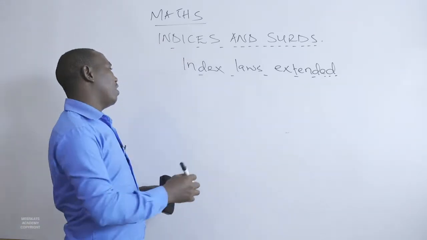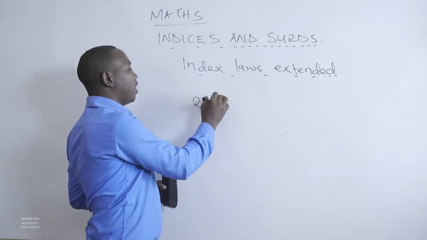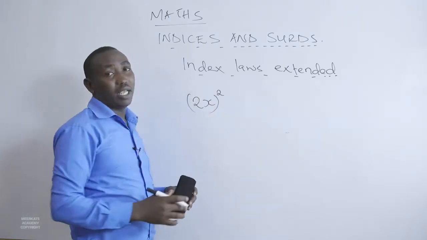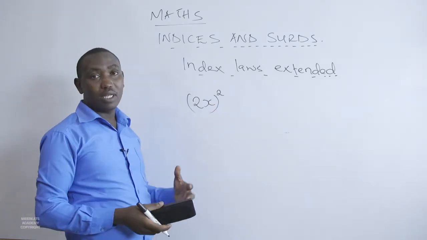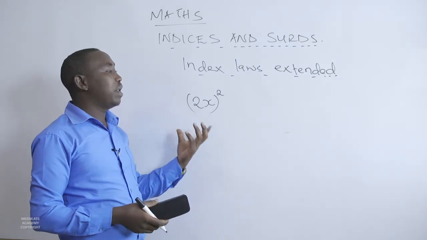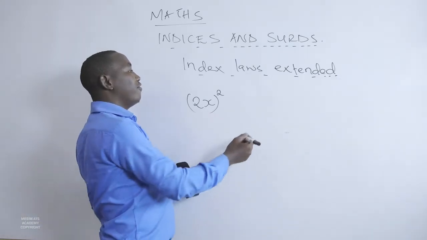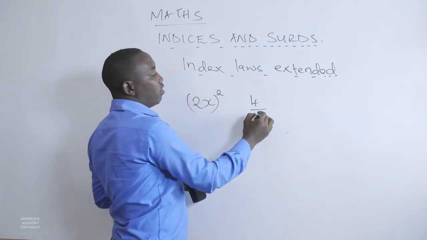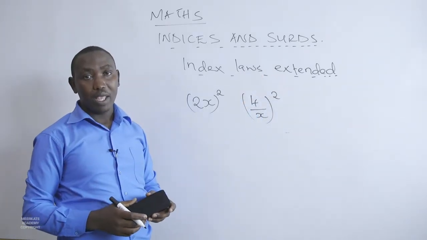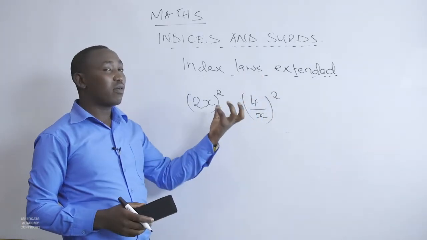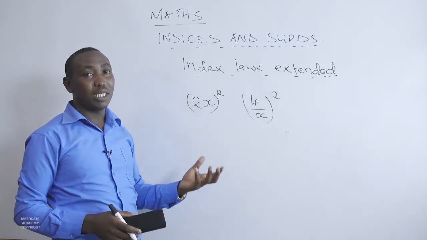For example, if you are given 2x, the whole of it raised to 2, this is not as simple a scenario as those we have been looking at. Or you are given 4 all over x, the whole of it raised to 2. Then you'll discover that there's another, more complex operation that you now bring in.